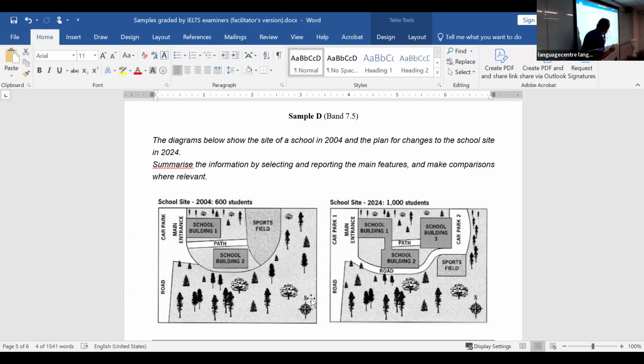I need to explain a bit here. This question actually appeared in the official IELTS practice materials, which was published in 2016, right? So what I mean is the question is asking candidates to compare the past of a school and the future plan of a school, right? This is the past and this is the future.